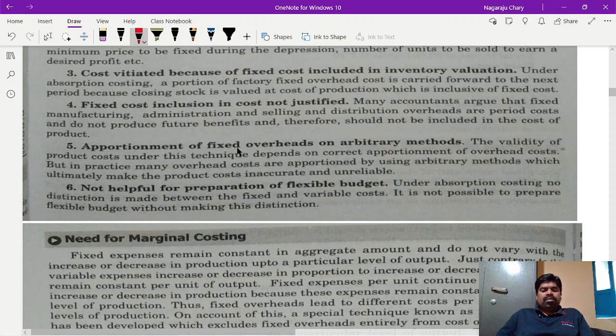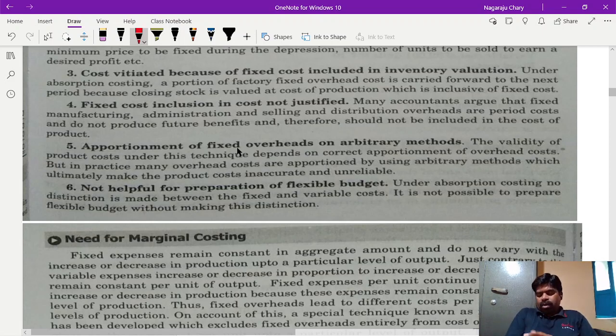Sometimes administrative expenses may be there. Some of the administrative expenses may be fixed, some may not be. Some expenses may be planned, some may not be planned. Like that, in selling and distribution also, we may have planned and non-planned expenses.